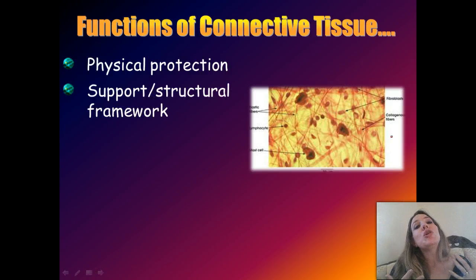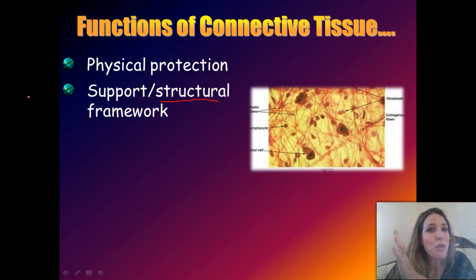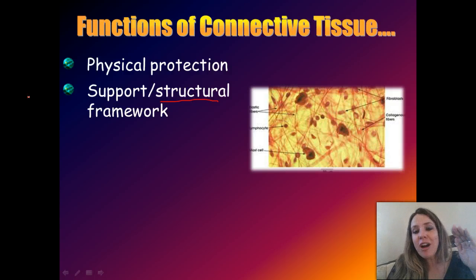Now, connective tissue can also provide a support or a structural framework. So one of the things you'll learn in a little bit is one kind of connective tissue, believe it or not, is bone. You're like, bone is connective tissue? That doesn't seem to make sense, but it is. It's kind of the far extreme of the kinds of connective tissue you can get. And that bone obviously has a support or a structural function to it, right?